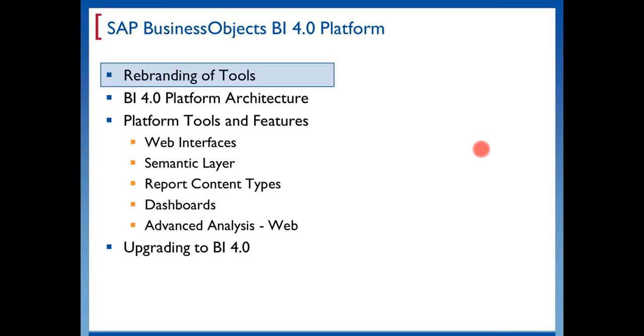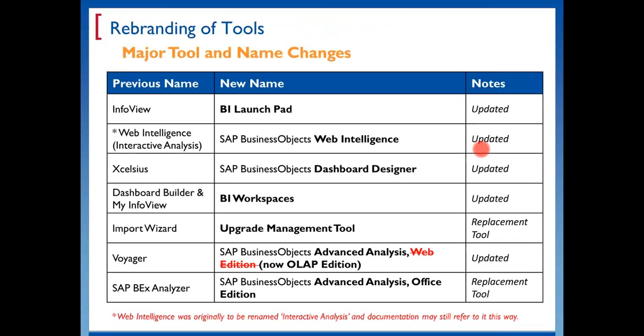However, I'm going to discuss the differences that have been brought into the platform in Xi 4.0 as opposed to older versions of Business Objects Xi, be it Xi 3.1, 3.0 or Xi 2.x, etc. Here we have a bunch of major tools and corresponding name changes.